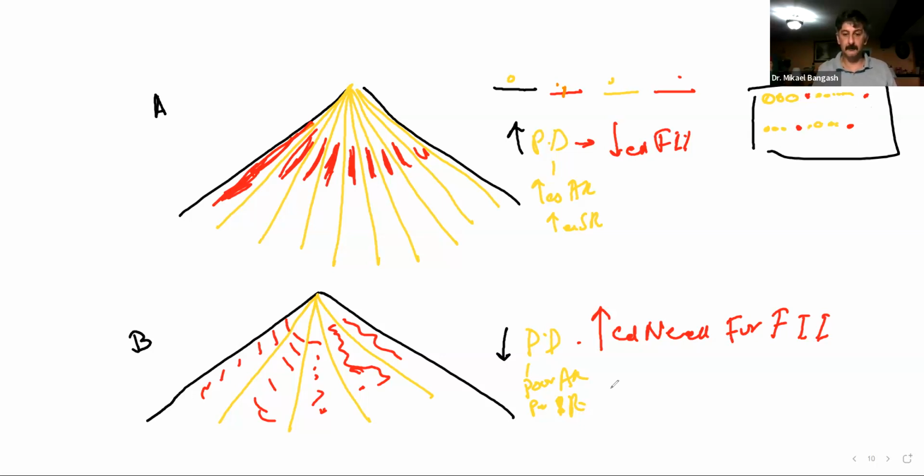Whereas in B, we didn't have that many pulses. So what were you left with? More guessing to do, right? Any questions?